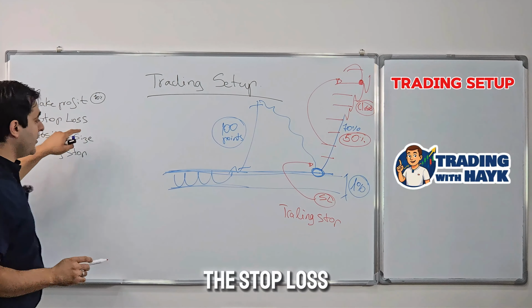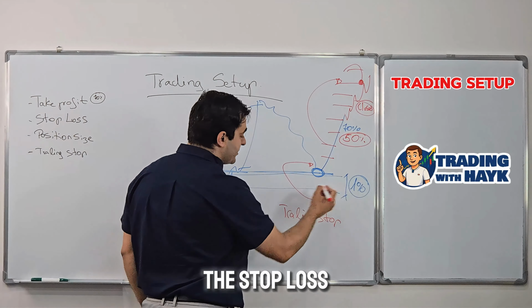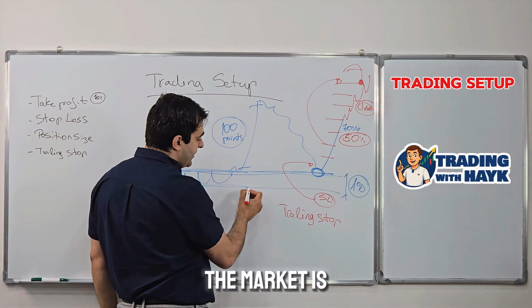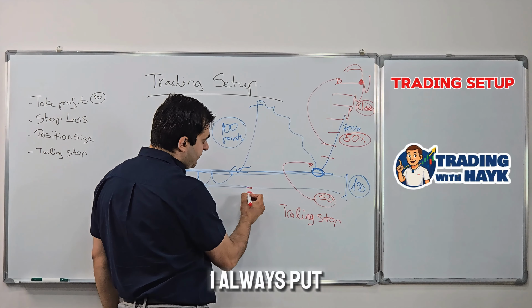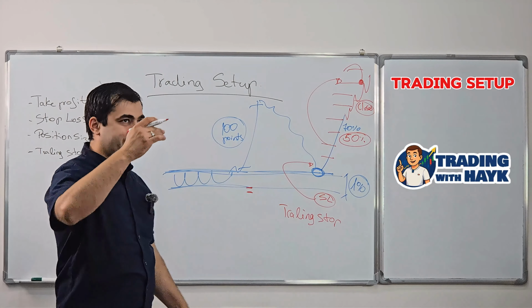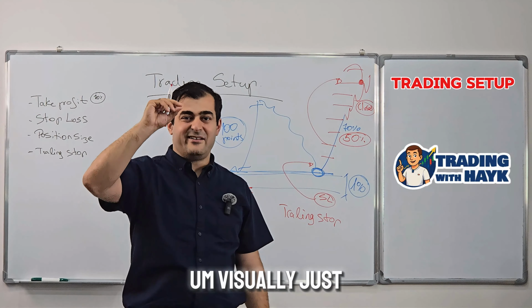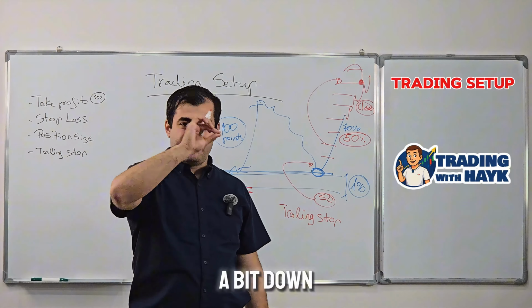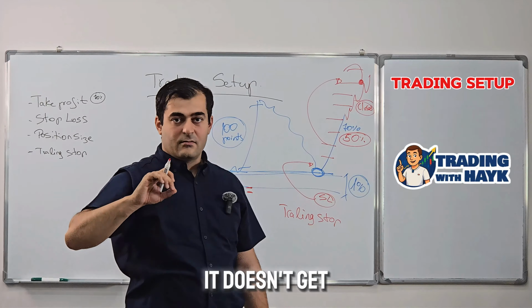Second thing is the stop loss. Remember to put the stop loss a bit lower. Let's say if the market is here, I always put it, for example, visually, just a bit down, so in case there is a huge spike up and down, the trade doesn't get closed.